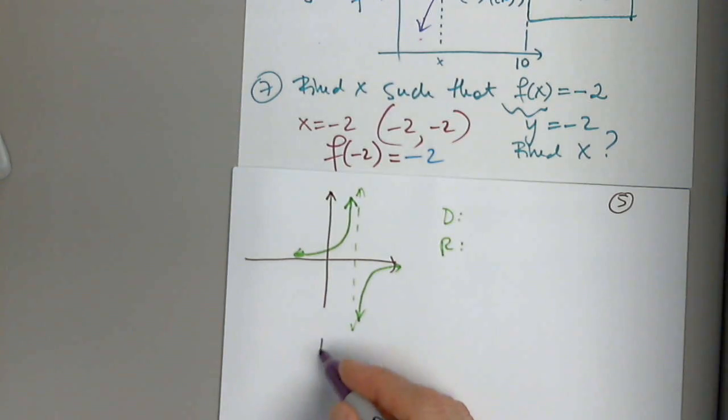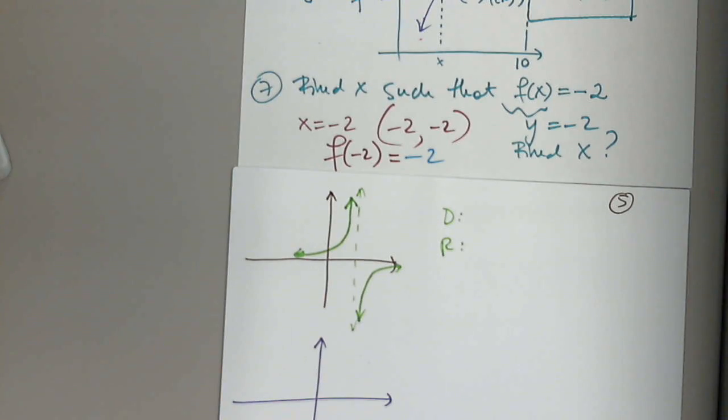And here's one more. Okay, the first graph, is this a function? Yes. By the vertical line test it is a function. Can anyone give us the domain of this function?